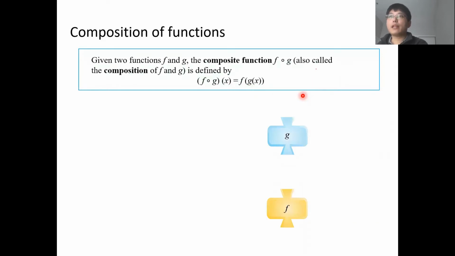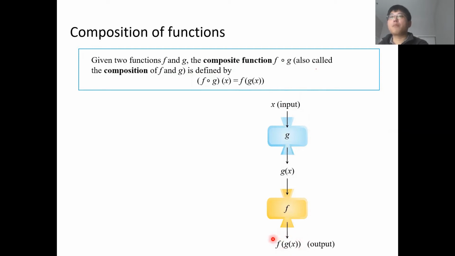If you imagine the related functions as machines, what this composite function does is the following. First you have x as an input. You first put it into the machine of the function g, and it will give you an output g of x. Then you put this g of x as the input for the machine f, and what you get is the output f of g of x.